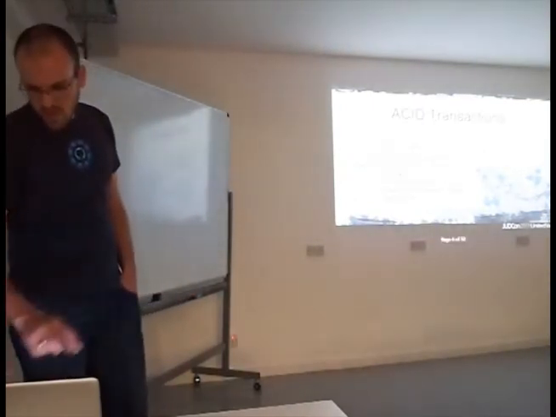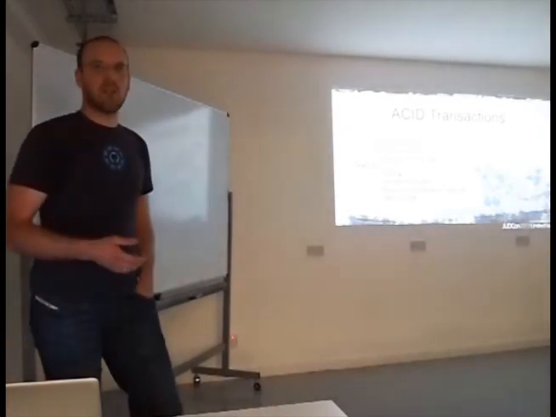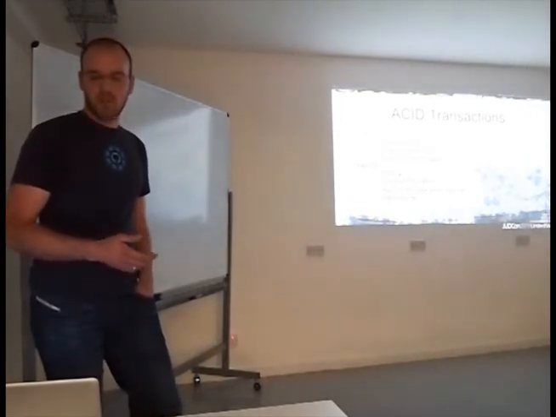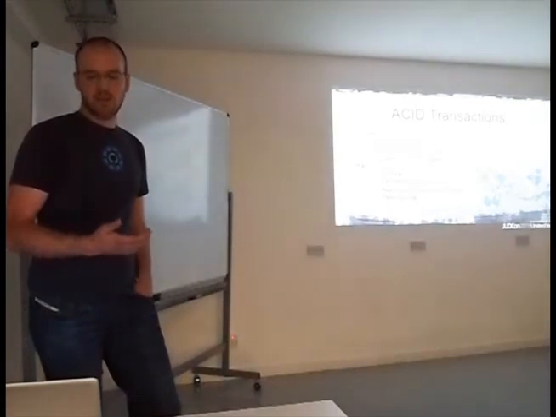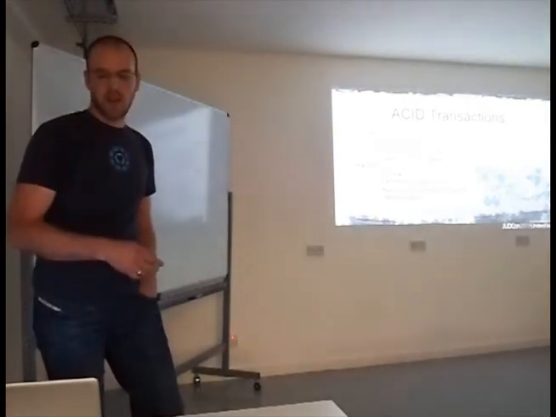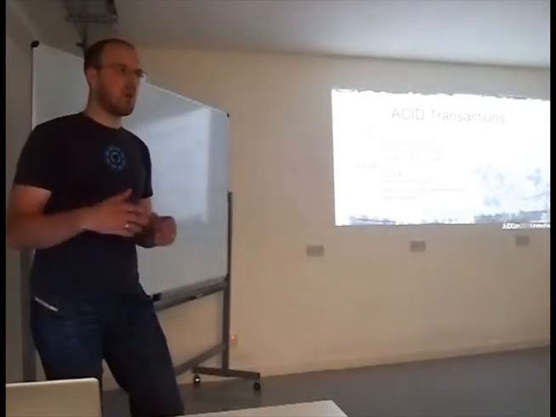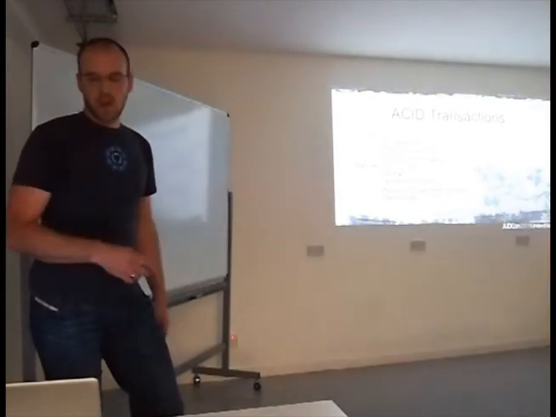So, ACID transactions. I guess most of you are familiar with them, so I won't go into too much detail of what an ACID transaction is. But essentially, it provides some strong guarantees. In particular, there are 4 guarantees. We've got atomicity, which basically ensures that either the whole transaction happens or not at all.